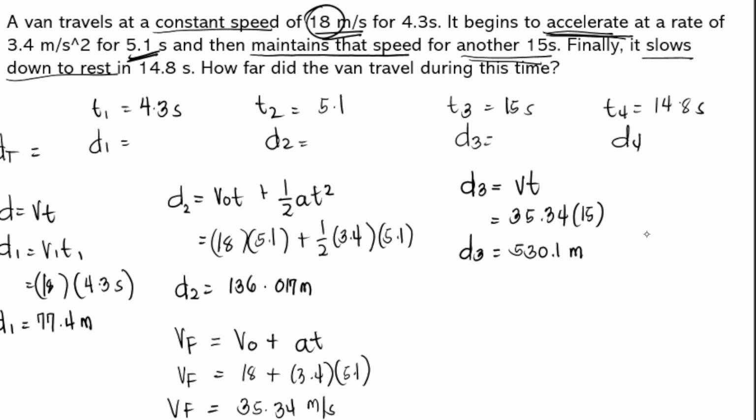So, the best equation in order for us to get D4 is 1/2 times V naught plus Vf times time. So, 1/2, ang V naught natin is 35.34 plus 0 multiplied by the time, which is 14.8 seconds.